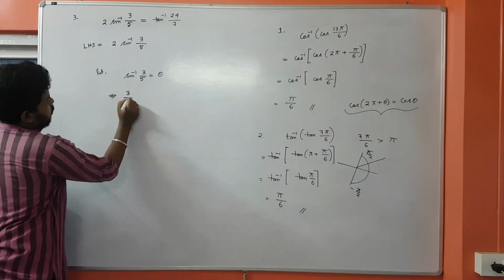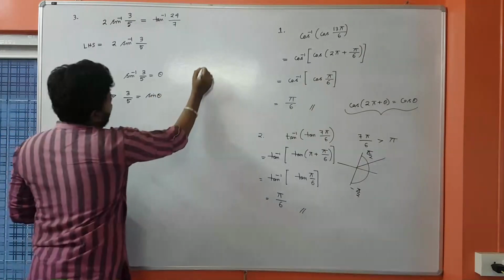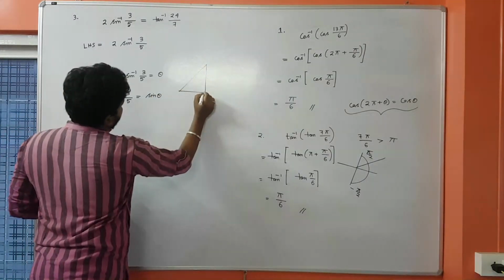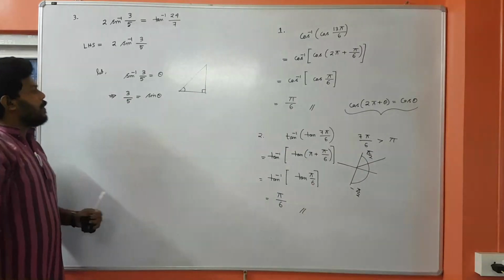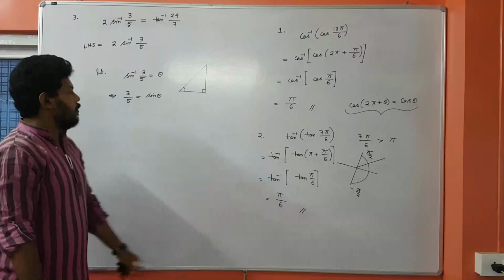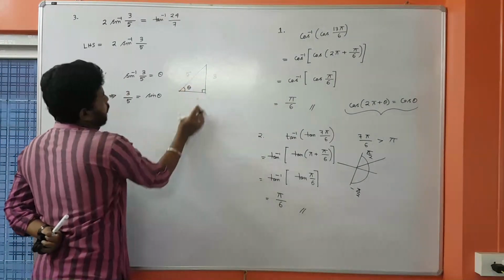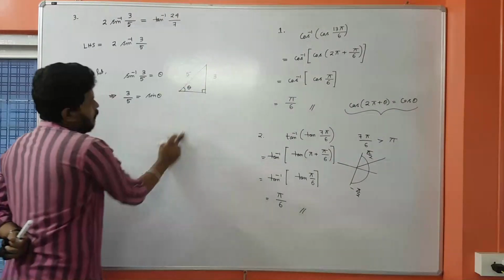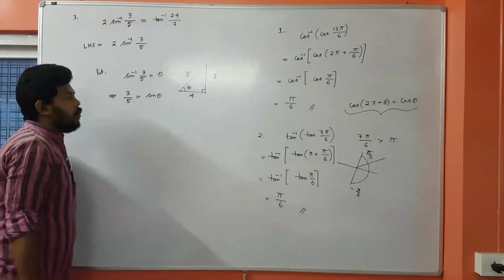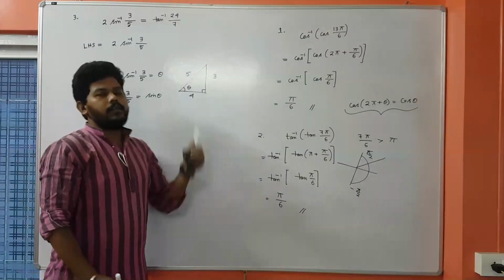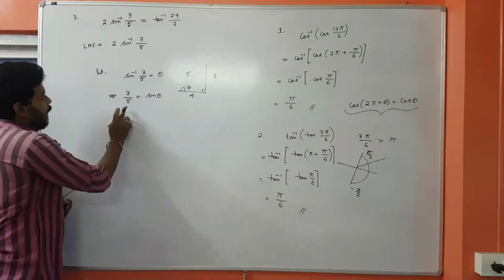This is 3 by 5 is equal to sin theta, right? From class 11's trigonometric concept, what is sin theta? Perpendicular by hypotenuse. This is 3 by 5. This is your theta. If it is 3, if it is 5, you can say definitely it is 4 because 3, 4, 5 form a Pythagorean triplet.